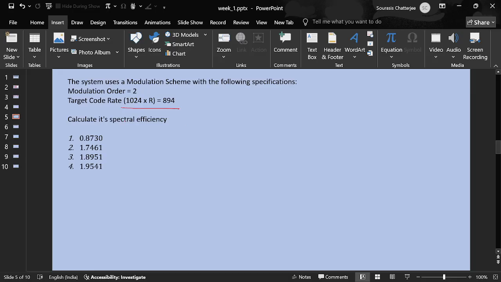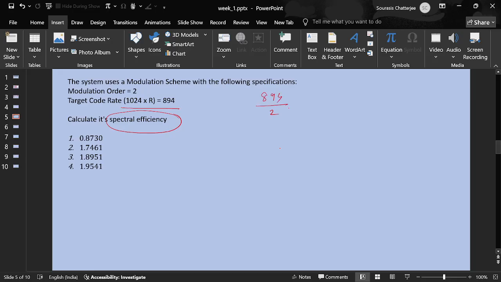So how am I supposed to calculate the spectral efficiency? It will be 894 divided by 1024 into 2.